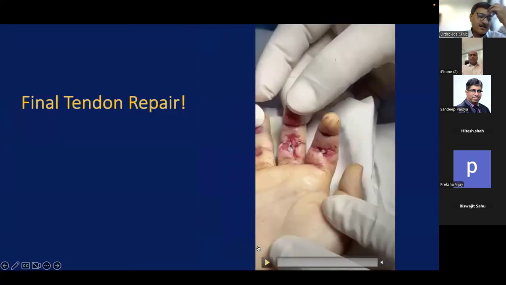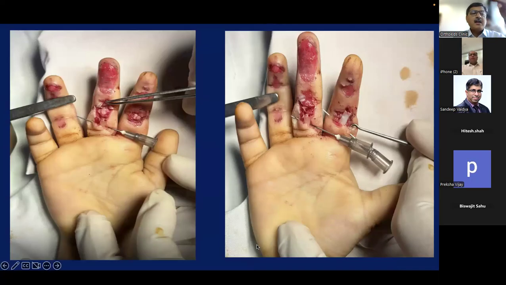Preksha, can you go to the picture? So Parag, yes, now sir. To our surprise, we found that there was a sharp cut injury at this level in not only one but both fingers, index and middle finger. So the thing which we thought would be benign was a very severe injury.